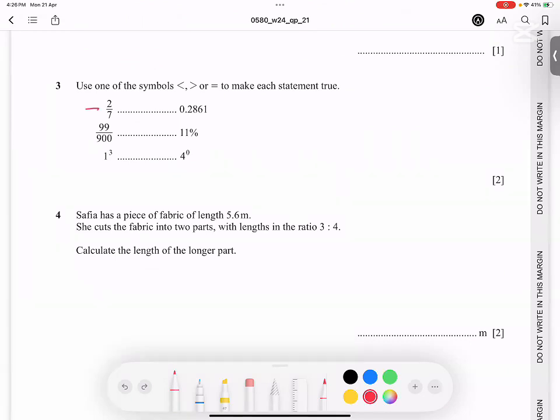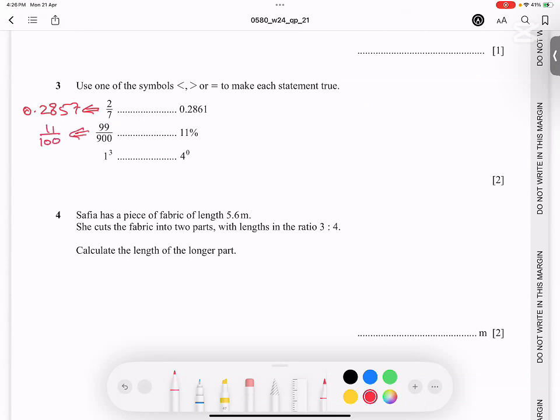If I convert it into decimal format, I got 0.2857. And if I convert this one, it is 11%. 11% means, if I simplify, 99 over 100, both are divisible by 9, 11 over 100.